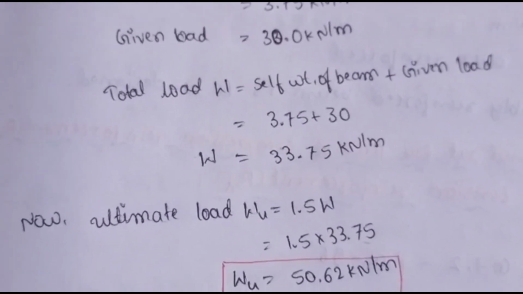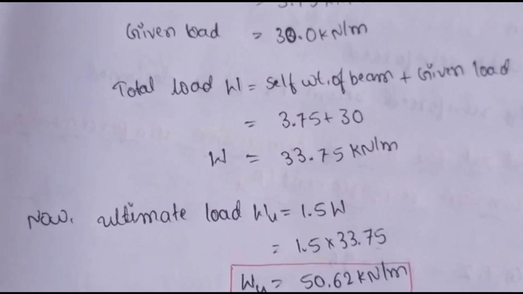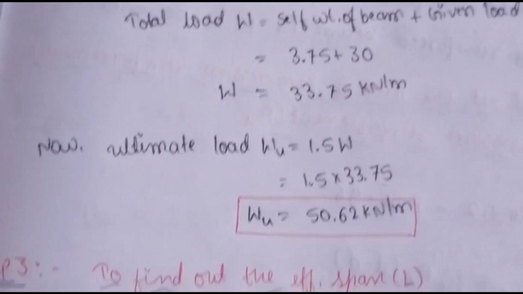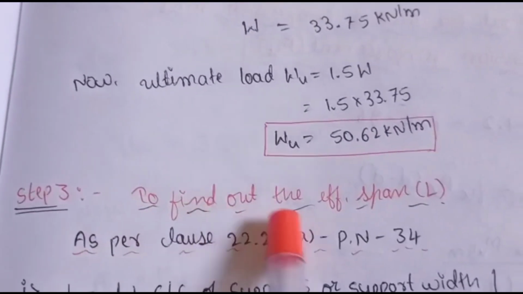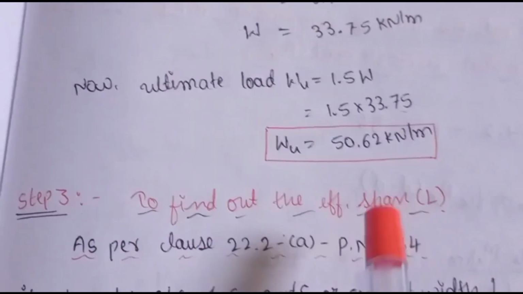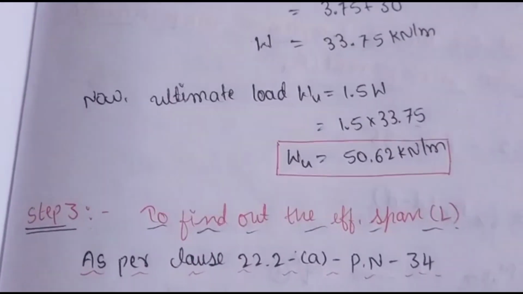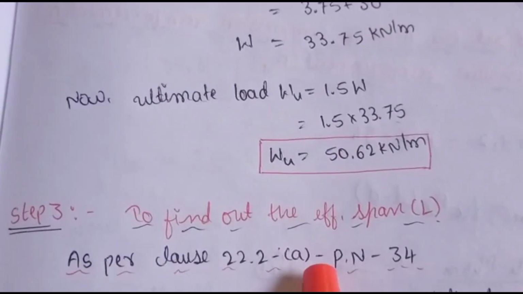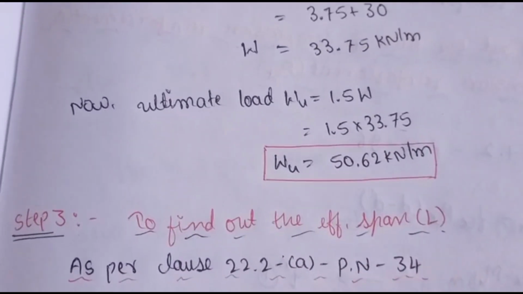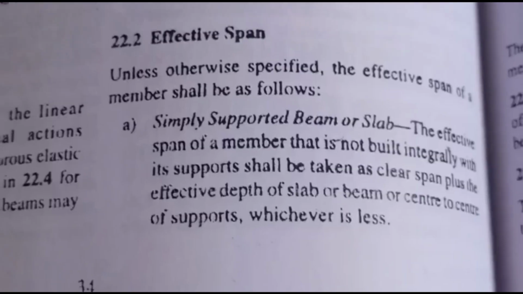So after the calculation of ultimate load, we'll go for the calculation of effective span. So step 3 is to find out the effective span, that is denoted as capital L. For that, as per clause 22.2a, page number 34, we'll see what it says.